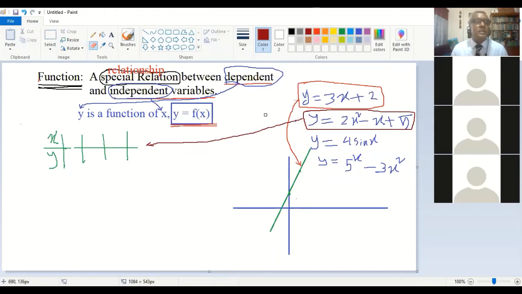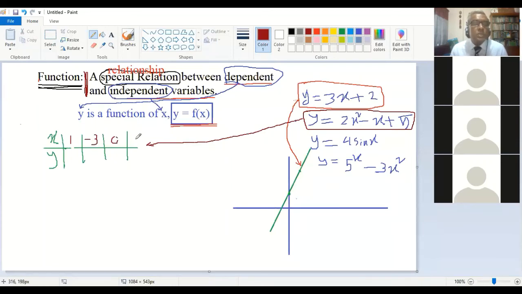Again you are coming back to this idea. What is the idea? Which one is dependent? Y or X? Yes sir, Y is dependent and X is independent. Exactly. So X is independent. You have no restriction. You can put X equals to 1. You can put X equals to -3. You can put X equals to 0.